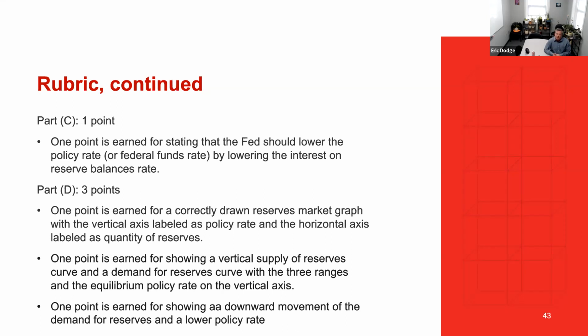All right, part C gets to the policy that the Fed would use in ample reserves. 1 point for stating that the Fed should lower the policy rate, which we call the federal funds rate. You may, I'm not sure, benefit by adding that they are lowering the interest on reserves, the IOR.